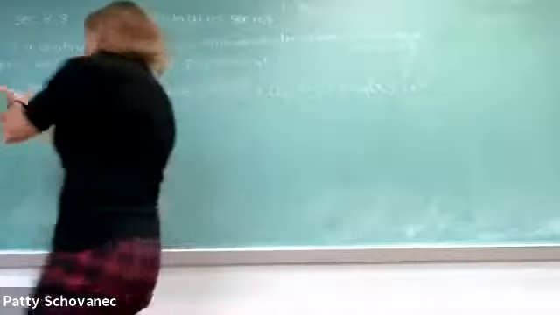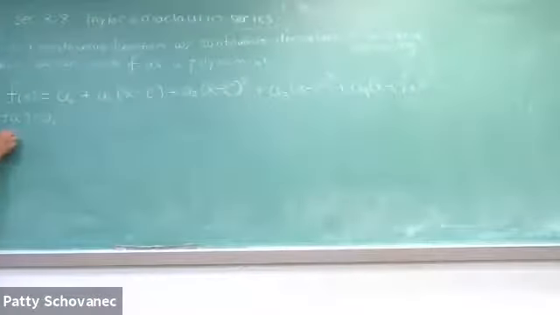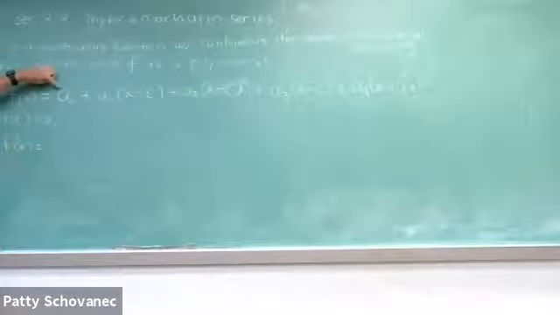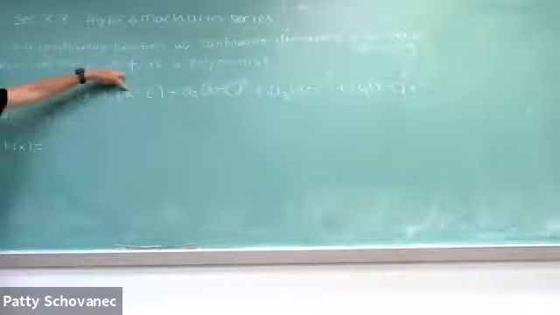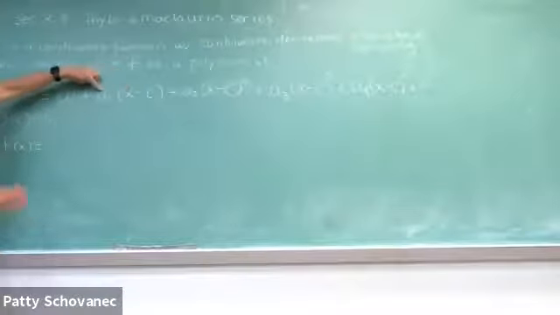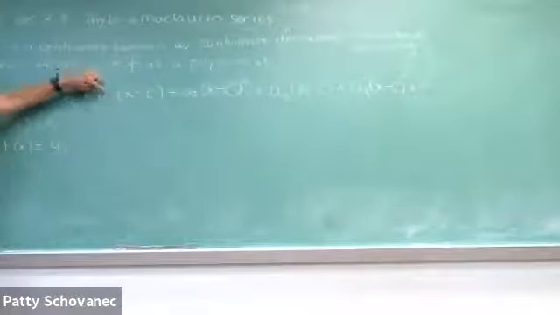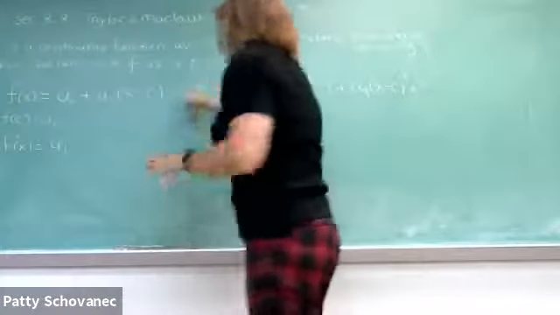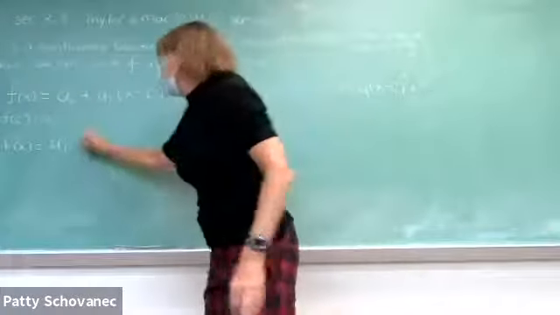Now let's take a derivative of this polynomial. F prime of x, all right, that's a constant, so its derivative is 0. When I take the derivative here, the derivative inside here is just 1, so I get a1. The derivative here gives me 2a2 times x minus c.